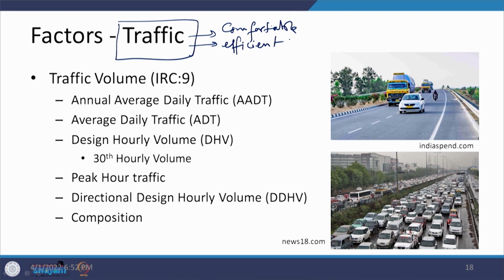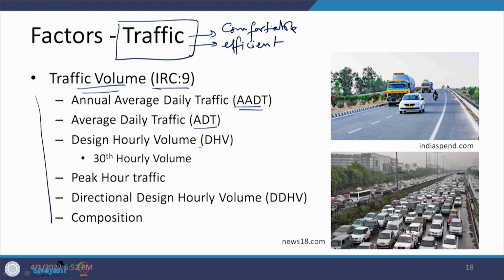Now, when you are talking about this traffic volume, though it is being talked in IRC 9, if you are interested you can look at that. This can be talked in different units or in different forms being shown here. We can talk as AADT, which is annual average daily traffic. We may be talking it in terms of only ADT, that is an average daily traffic.